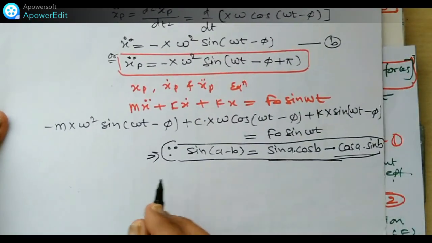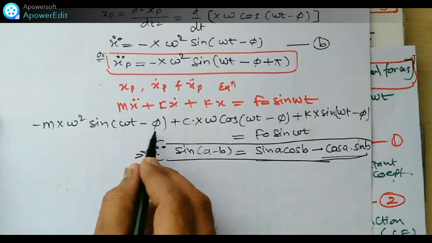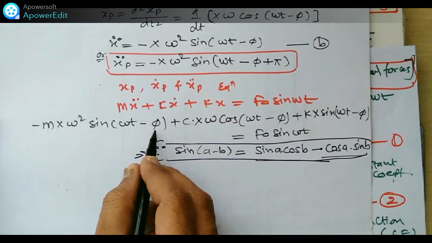So what will happen here? Sine a minus b means sine of omega t minus phi.